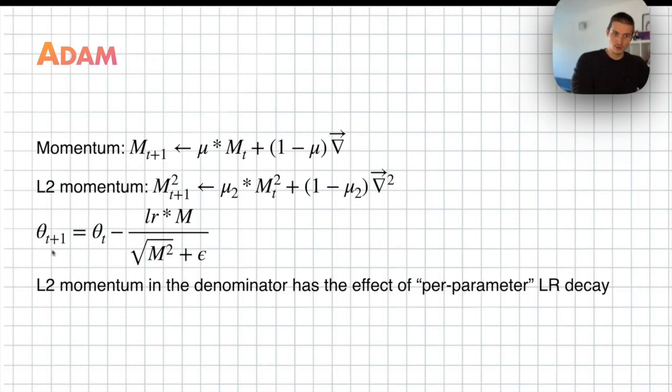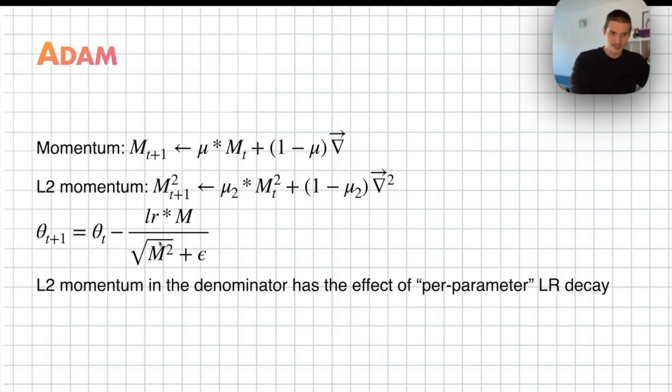So to get the new parameters on the next step, you take the previous version of the parameters, then you subtract learning rate times L1 momentum, which is exactly the same as we had before. But now in the denominator, you have the square root of L2 momentum plus some parameter epsilon. The epsilon is usually just a really small parameter needed for numerical stability.